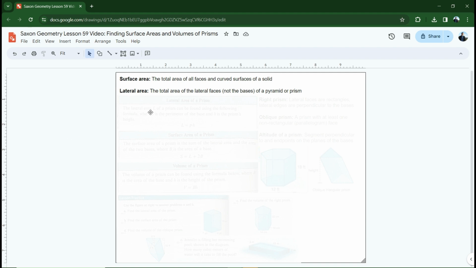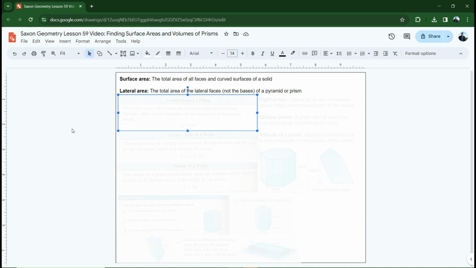All right. There's a very specific formula. It may surprise you just a little bit for the lateral area of a prism. You might think, oh, we have to find the area of a side and then the area of another side and add them together. For a prism, remember too, the sides are always either rectangles or parallelograms. Well, here's the thing.